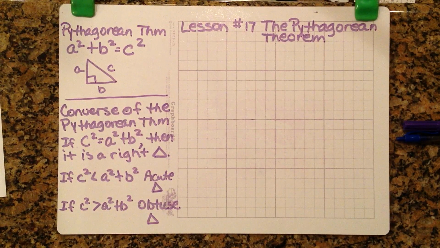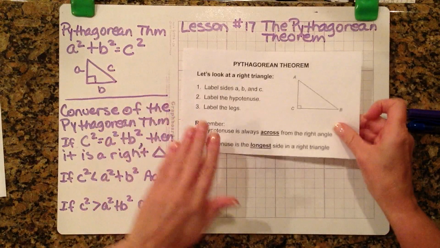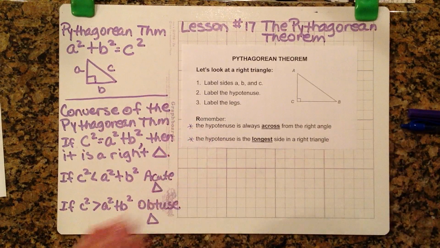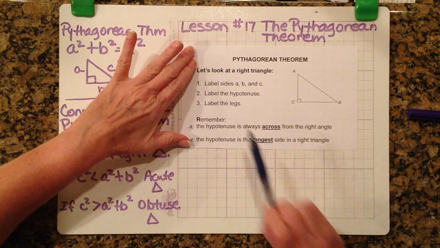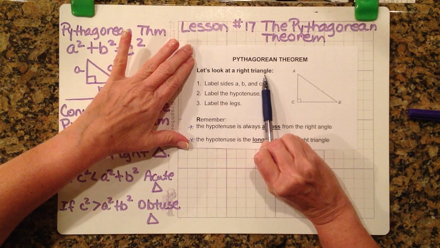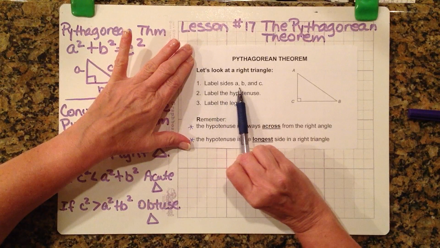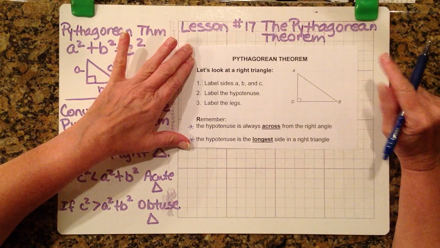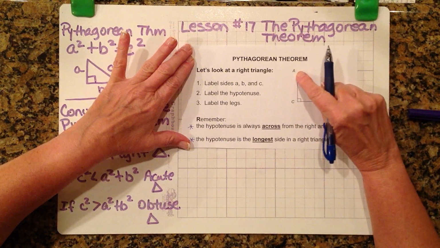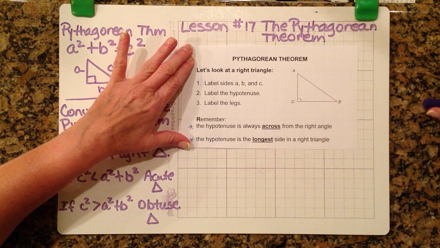So, in your Algebra 1 class, I bet you already have gone over the Pythagorean Theorem, so this should not be totally new to you. But first of all, let's look at a right triangle to get started. We want to label the sides A, B, and C. Now, in a triangle, universally, when you label it, the angles are capital letters, and the sides are written with lowercase letters.